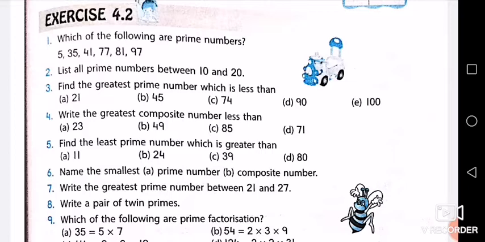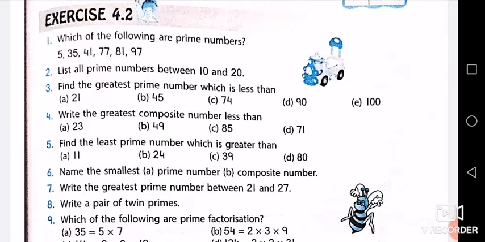Now 77 is not a prime number because 7 and 11 and 1 and 77 itself, 4 factors are there. Now 81, again more factors are there. So 81 is also not a prime number. Now 97. Yes, 97 is a prime number.